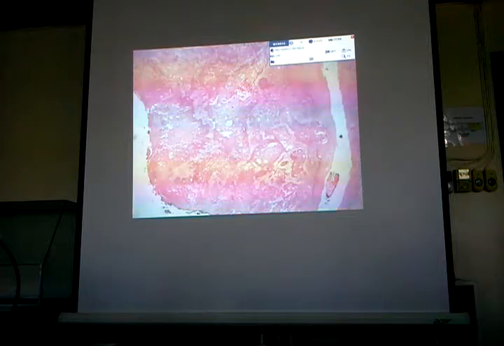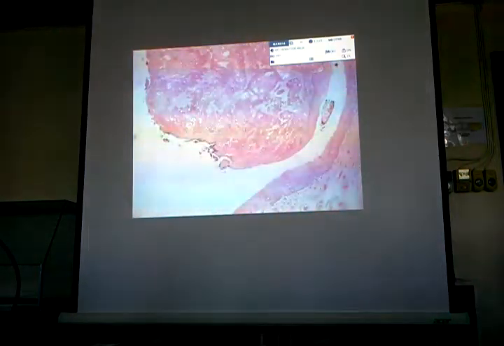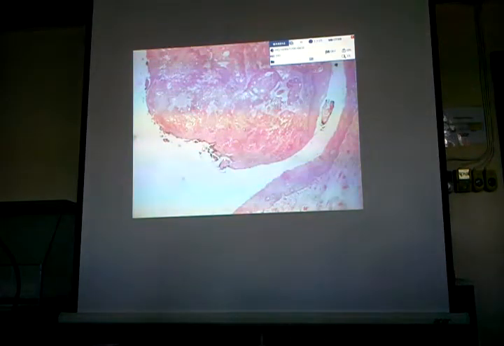So that should be the basement membrane of the stratified squamous epithelium. The tumor cells have already infiltrated the deeper tissues. So this is even the ulcerated portion, wherein there is already disruption of the continuity of the stratified squamous epithelium. We will not be able to say for sure that this is from the palate.